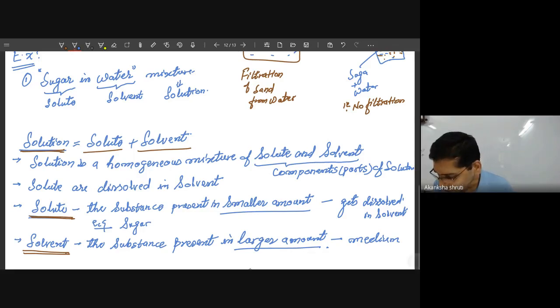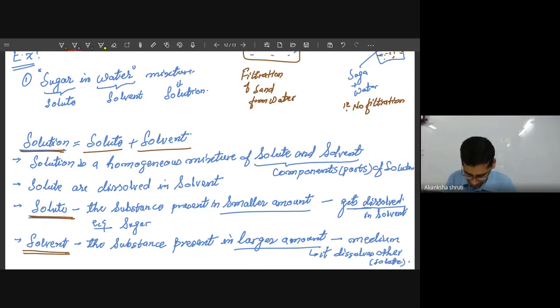There is a difference: the solvent itself gets dissolved, and it dissolves the solute. This thing we have to keep in mind.